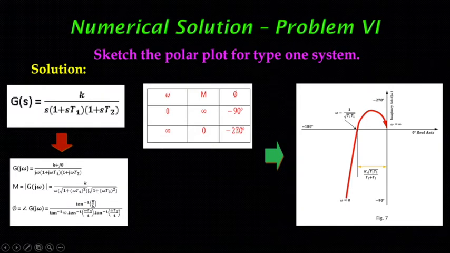Then it moves, crosses the minus 180 degree axis and finishes at minus 270 when omega equal to infinity and magnitude is 0. So magnitude decreases from infinity to 0. This axis and this 90-degree axis cannot touch because we cannot draw the infinity magnitude.